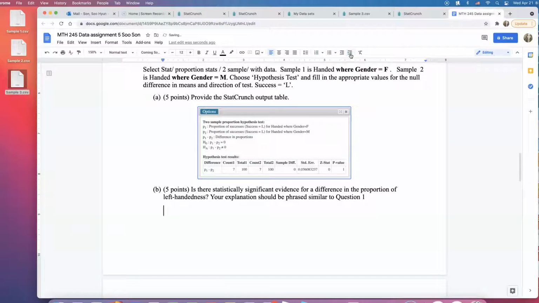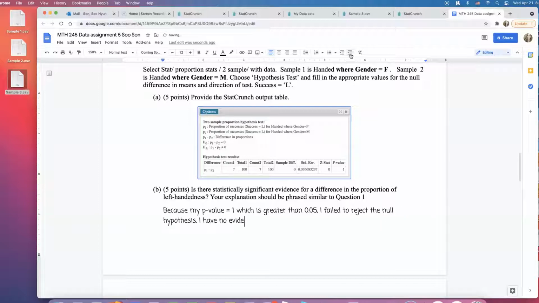Is there statistically significant evidence? No. Because my p-value equals 1, which is greater than 0.05, I'll go ahead and say I fail to reject the null hypothesis.